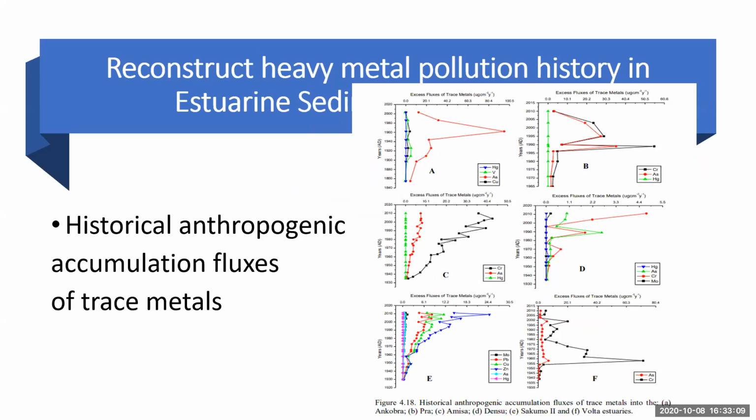Interestingly, we saw some trends for the Emisa estuary, for example. You can see that over time, the metal levels are just increasing. And of course, for the Sakumo estuary, you can see clearly that the metal flux into the estuary is just building up over time.